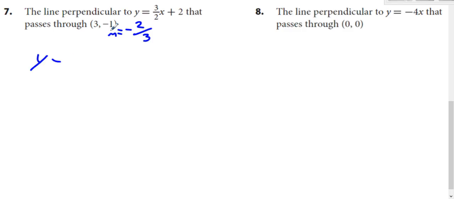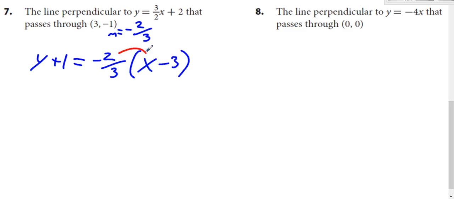You get y minus the y coordinate, so y minus negative 1 plus 1 equals the slope, times x minus the x coordinate, which is 3. Then we distribute: negative 2 over 3 times x, and then negative times negative is positive. 2 times 3 is 6. 3 times 1 is 3.